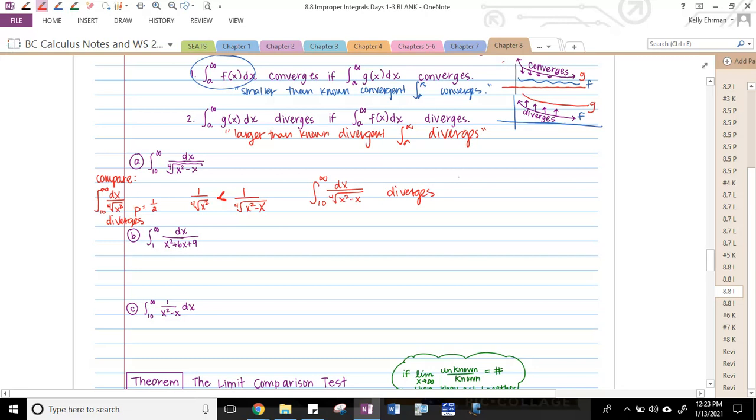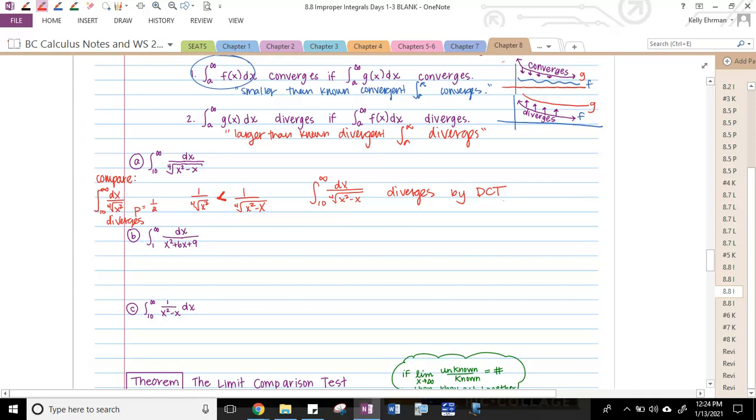I can just say diverges by direct comparison test. We can write DCT for this class because it's going to get annoying to keep writing out direct comparison tests. But on the AP test, obviously, please write it out. Okay, so diverges by direct comparison test. And as long as you're showing this work here, you can kind of stop there.